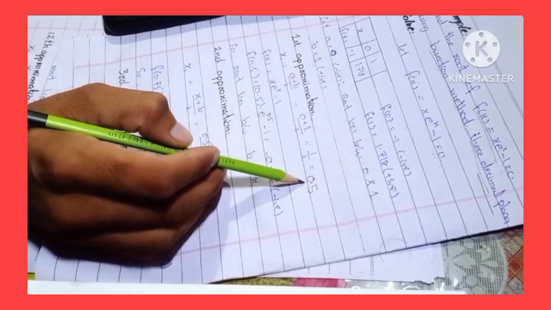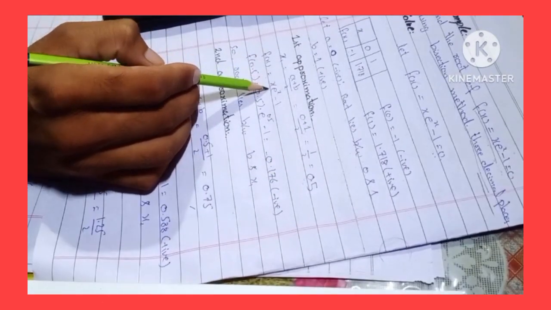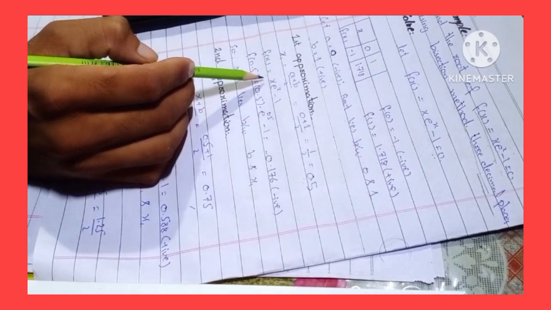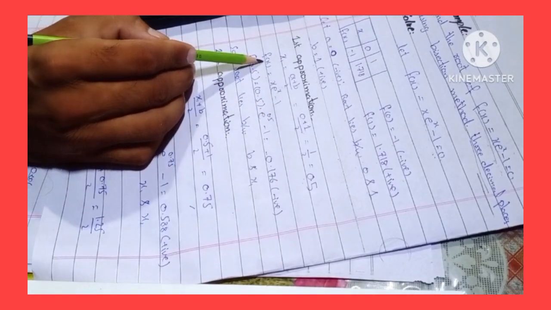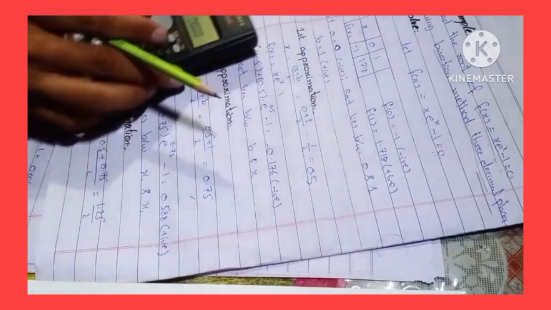0.5 is put into f(x) = x e^x - 1. The value of x is put in and then we solve it.